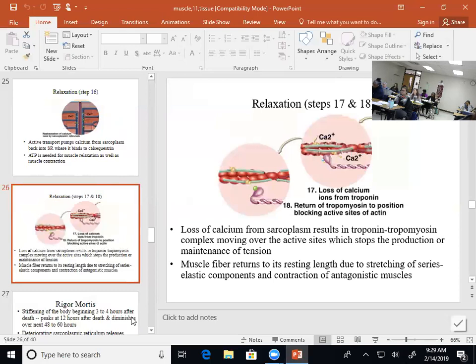The door was closing because ACH was being diluted and being eaten up by an enzyme called ACHE. Aaron said acetylcholinesterase. Yes, that's fine. And at the same time, calcium was migrating back to the reticulum, the membrane. That's the end of the story.